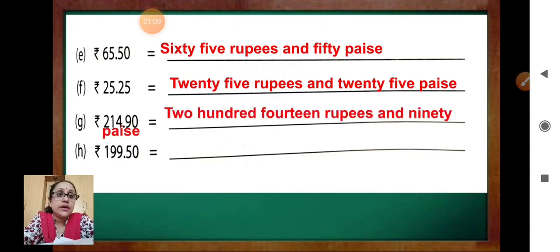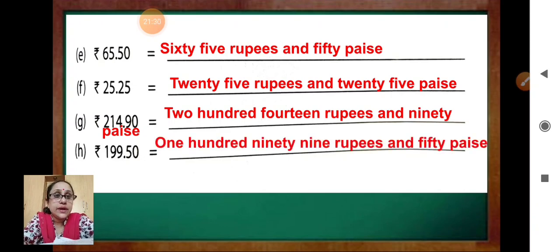Right, 214 rupees and 90 paise. Question H, rupees 199.50, that is 50. So 199 rupees and 50 paise. Correct? Note it down. All have finished till here. You have understood, children?